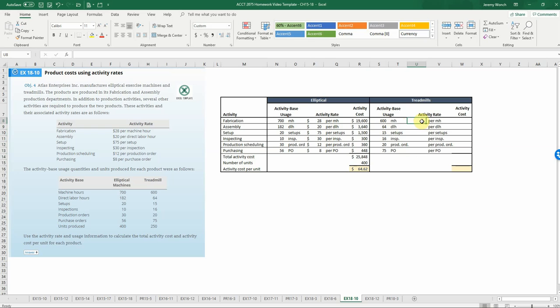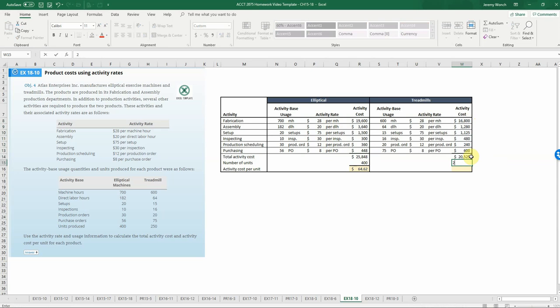But our activity rates are not going to change. Those are going to remain the same, so we can just copy those over and multiply those across.